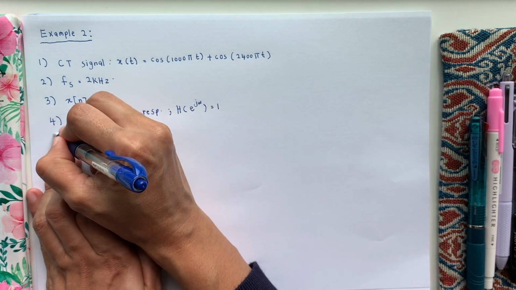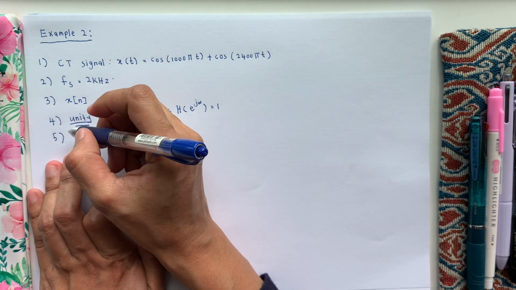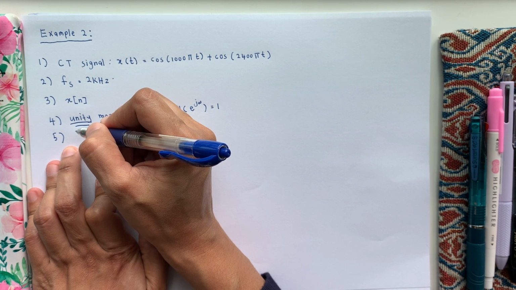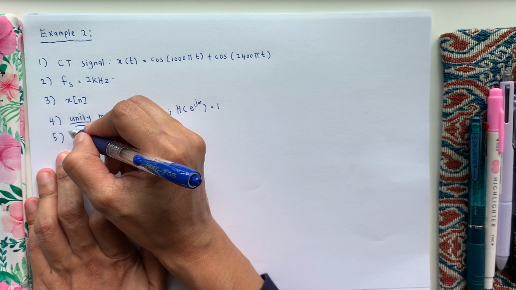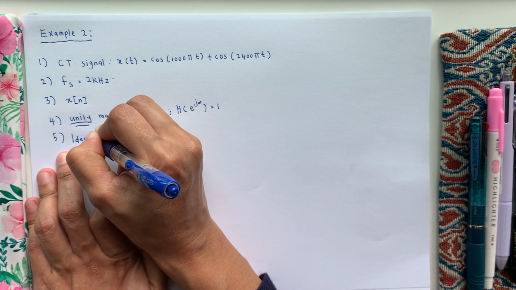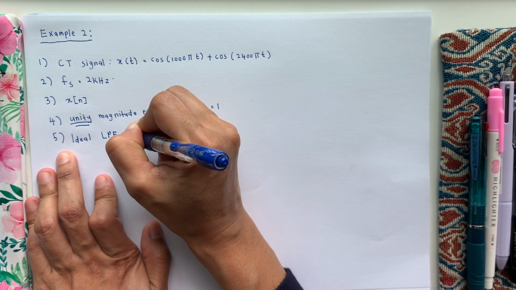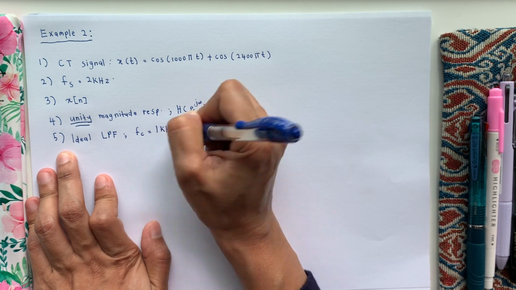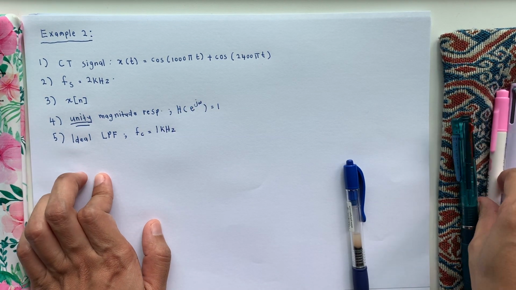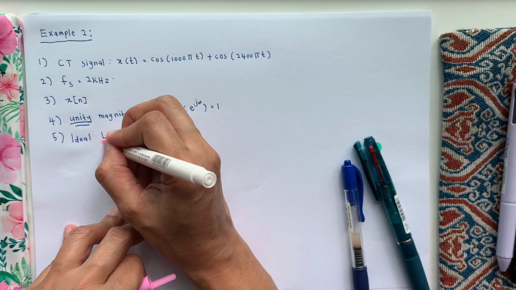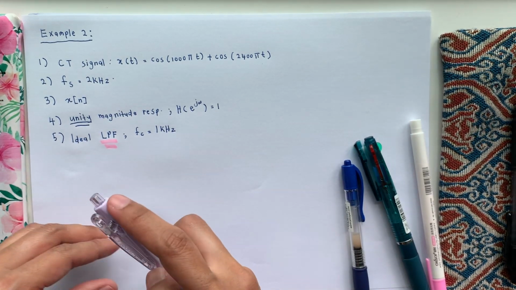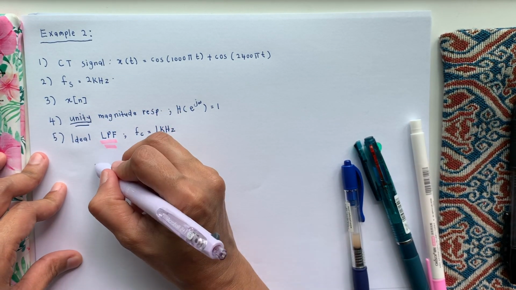And then keyword number 5 is an ideal low pass analog filter with cut-off frequency of 1 kHz. So basically, we have an ideal low pass filter with FC equal to 1 kHz. When you see this, you must remember the low pass filter graph.